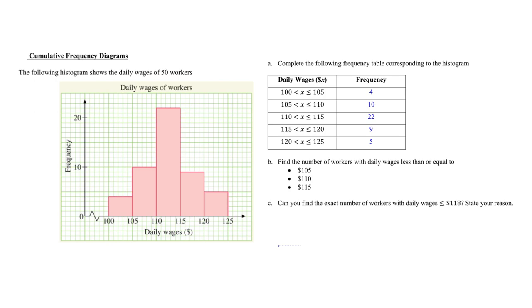So between 100 and 150, you will see that I will have 4 workers.